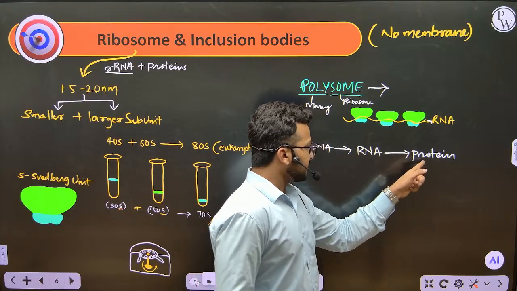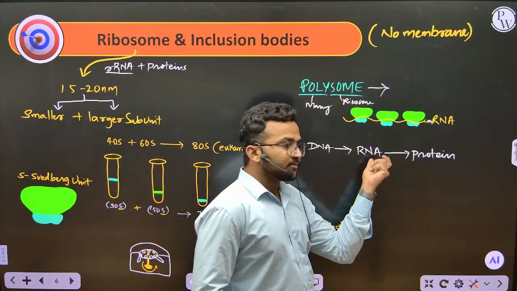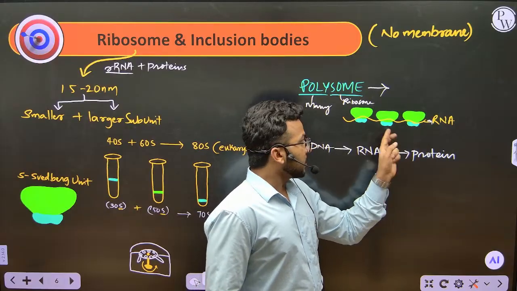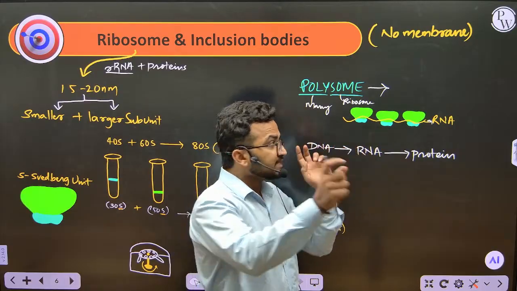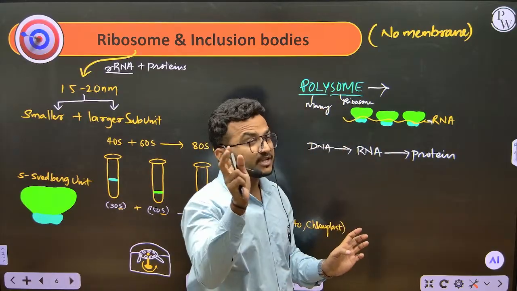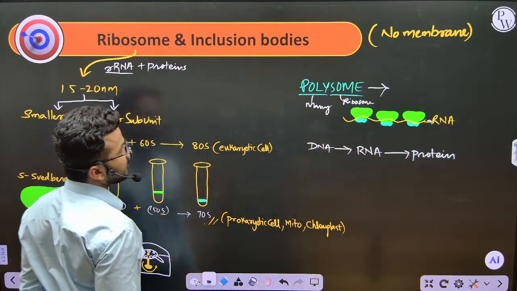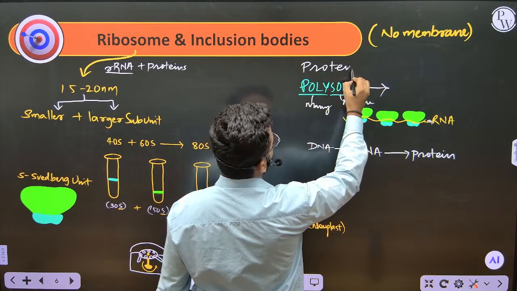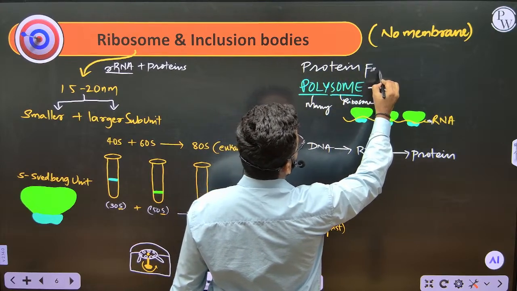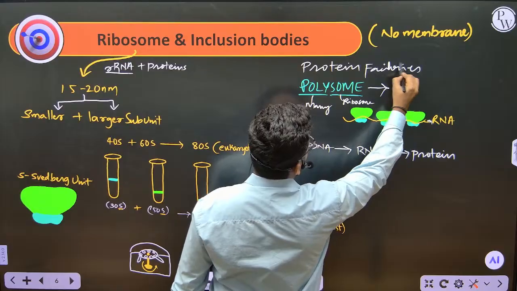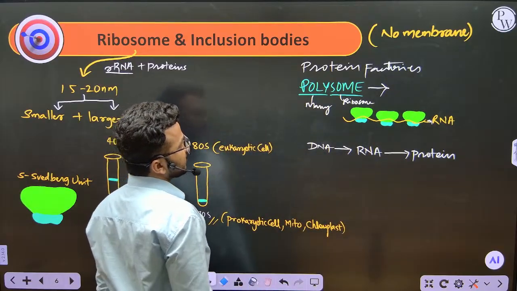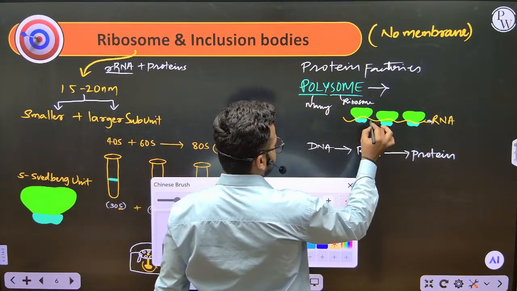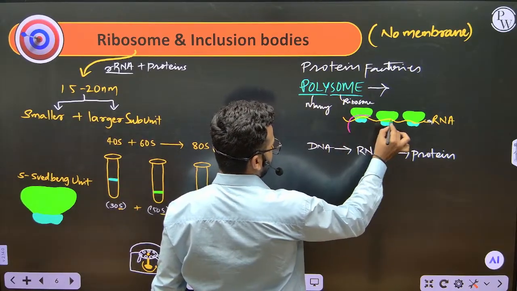To translate the language of RNA into protein, it has to attach to ribosomes, because we know that ribosomes are protein factories. Here protein formation will be taking place, and a chain of protein will be coming out like this.